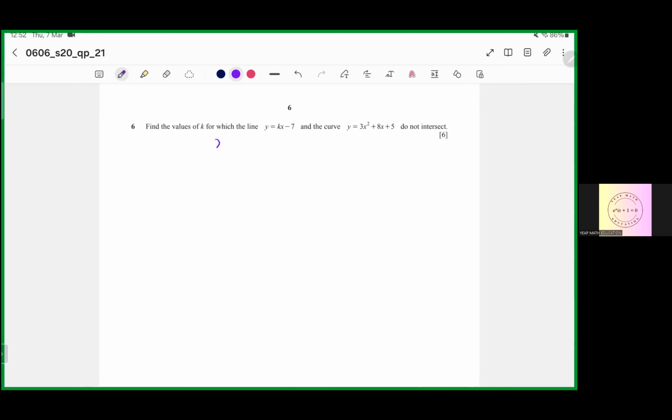So we just take 3x squared plus 8x plus 5 equals kx minus 7. So we can make 3x squared plus 8x minus kx plus 5 plus 7 equals 0.